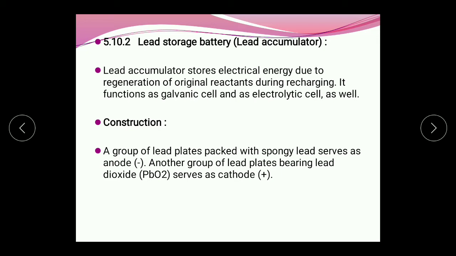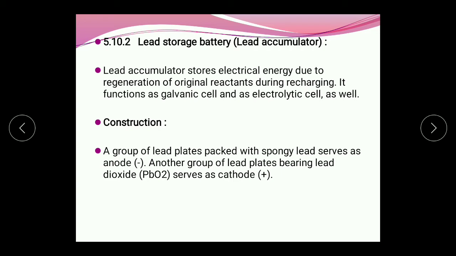That means the common lead plates are taken on which spongy lead is adsorbed on the surface, and that works as an anode. While another group of lead plates, not only a single plate but a group of plates, bearing lead dioxide serves as cathode. That means again, lead plates are taken and those are coated with, adsorbed with lead dioxide, and those work as cathode.